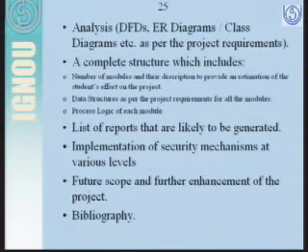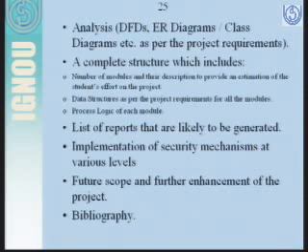Then the complete structure, which includes the number of modules, a description to provide an estimation of the student's effort on the project, the data structures as per the project requirements, and the process logic of each module. Whatever modules you select, you have to place the process logic of each and every module. And then the list of reports.